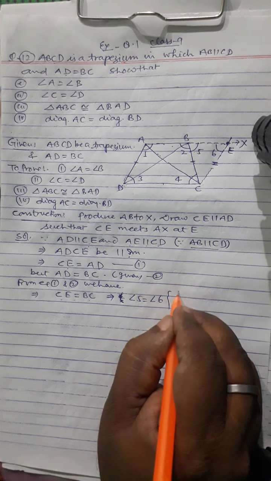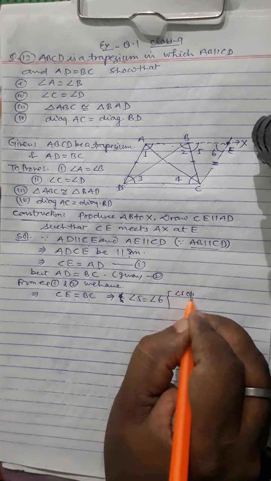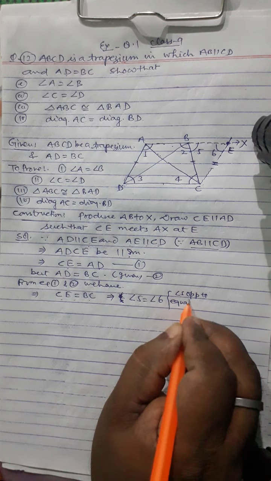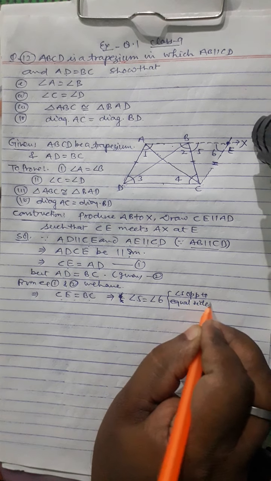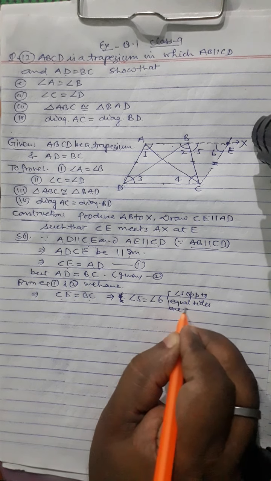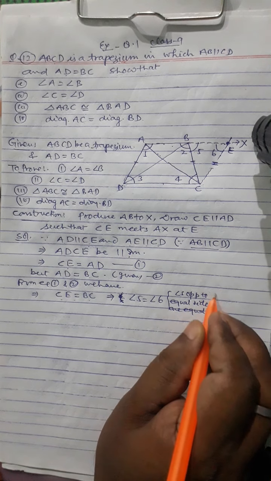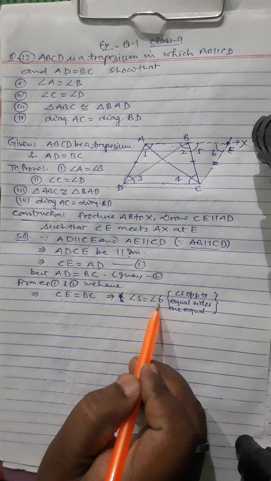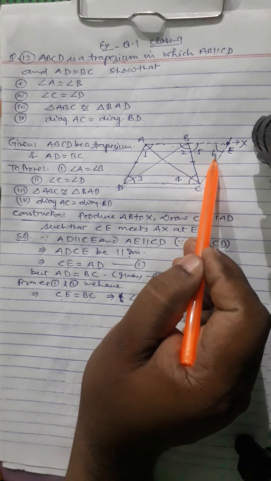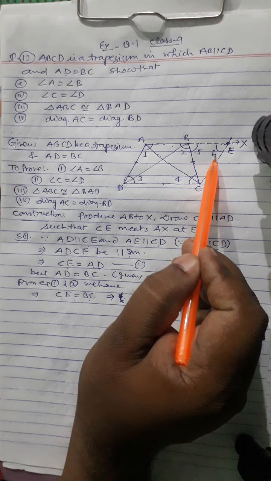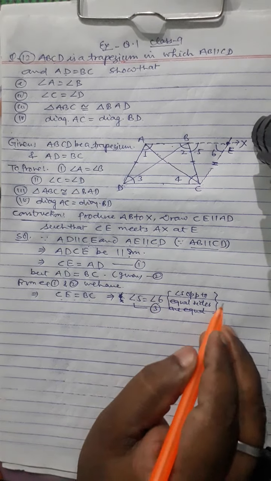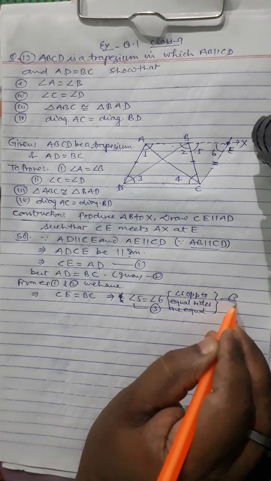That is, angles opposite to equal sides are equal. This is the criterion. So now angle 5 is equal to angle 6, write this as equation 3.